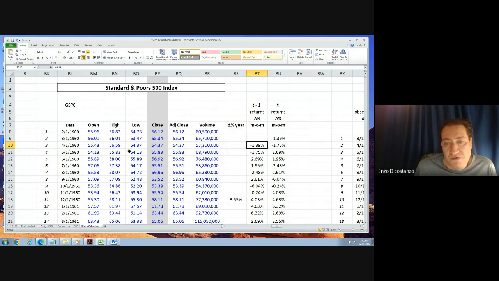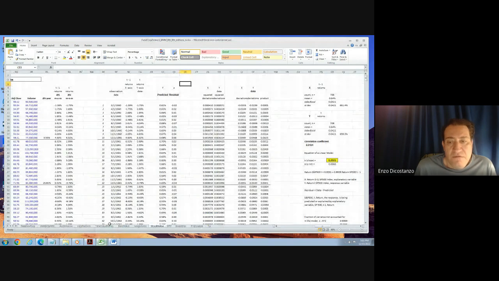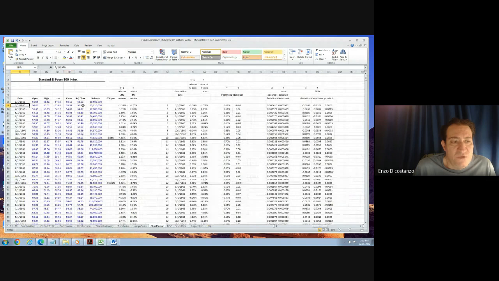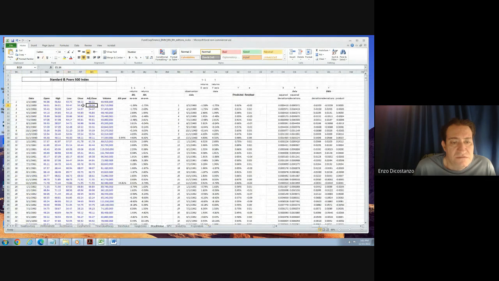Looking at this from March, I could see how I did it versus what we did here. Since T was the second, I played games with the time indexes, but that's okay.